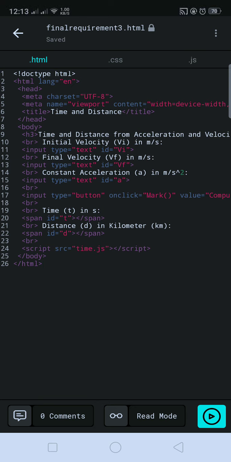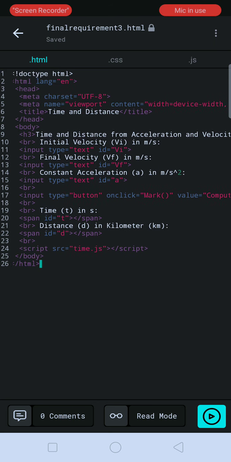The ID of initial velocity is vi. Then final velocity vf is m/s. The ID is vf. Constant acceleration a in m/s squared. Then the ID is a. Then input type button, onclick mark, value compute.